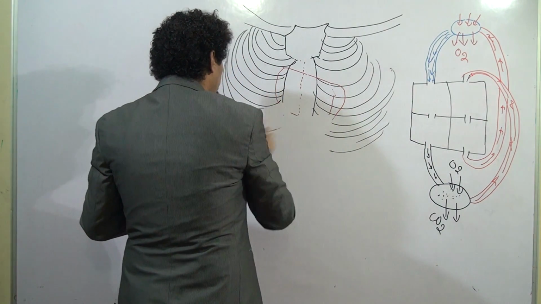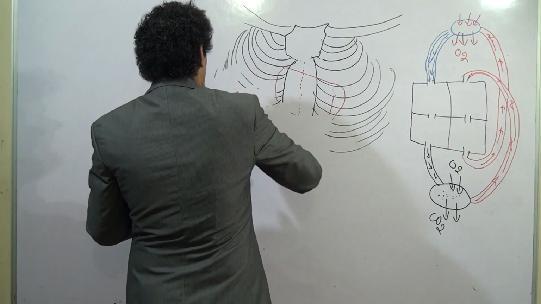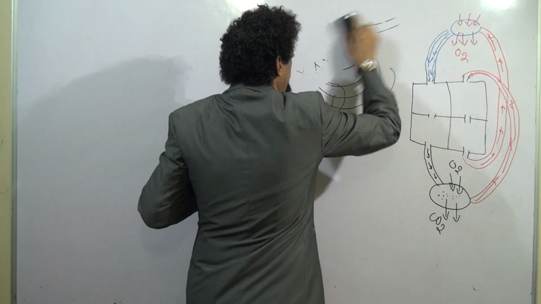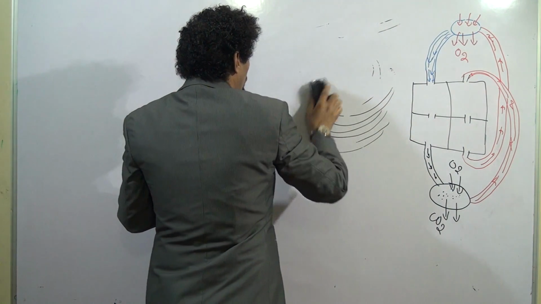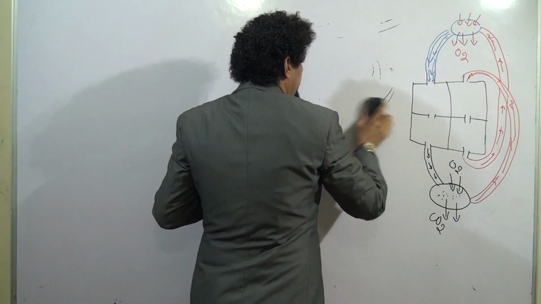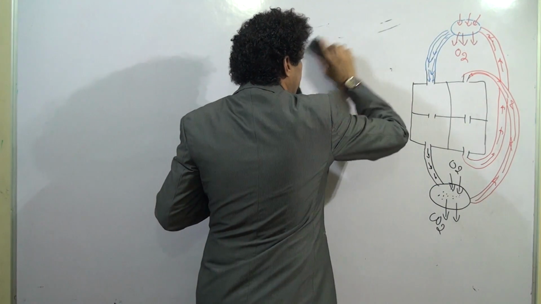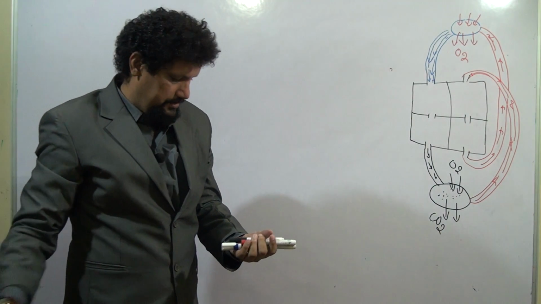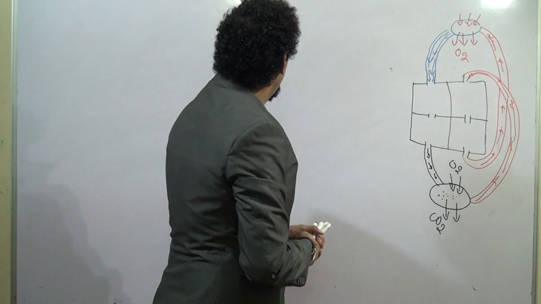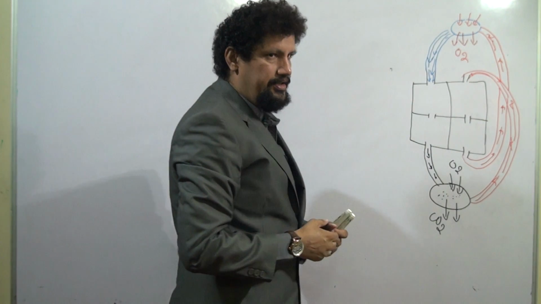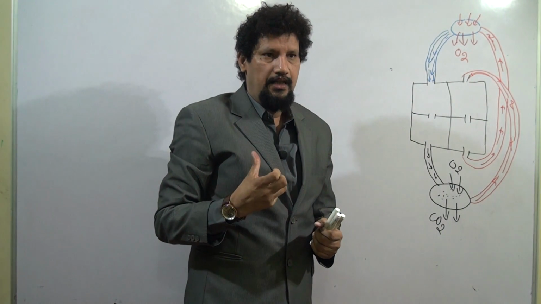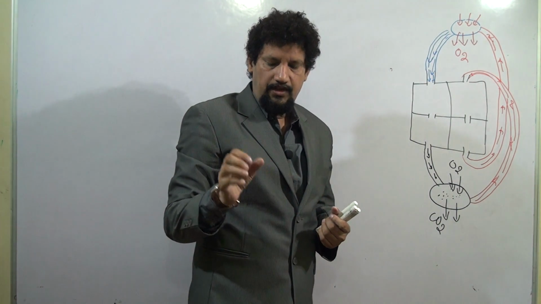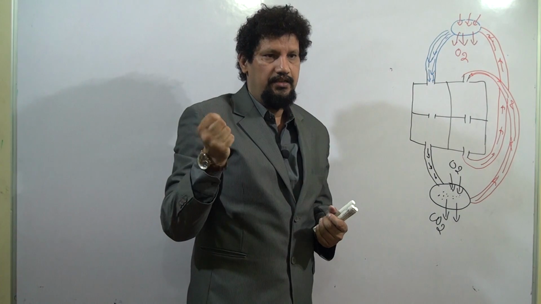The heart is made up of 4 chambers, and the heart is placed obliquely in the middle mediastinum. The size of the heart and shape of the heart is pyramidal, and it is slightly larger than a clenched fist.